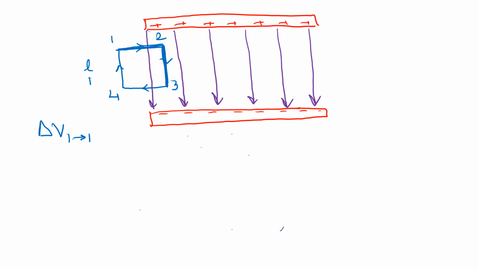So let's say this was length L. I would have minus EL potential difference here. 3 to 4 I have no potential difference. 4 to 1 we have said outside electric field is 0, so it's 0 too. So if I walk across this path from 1, go on a rectangle, come back to 1, I have reached a different potential. Obviously this is not true. We have violated it.